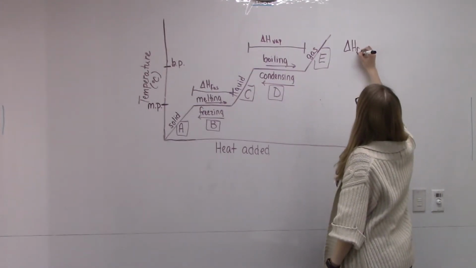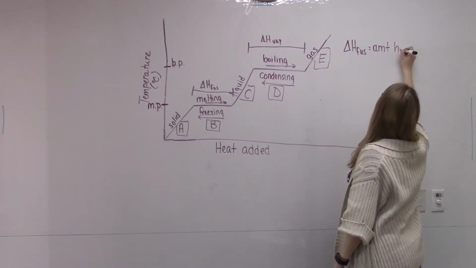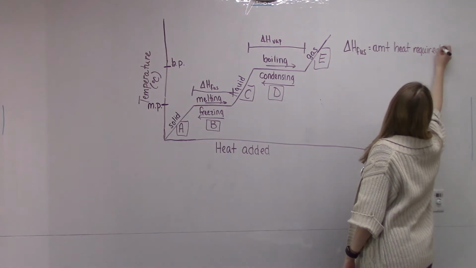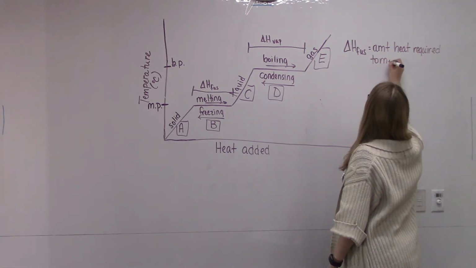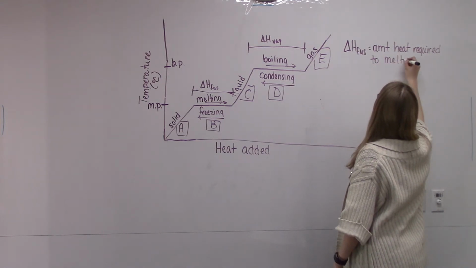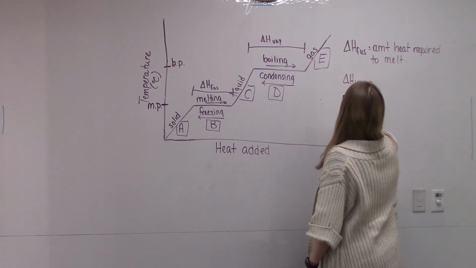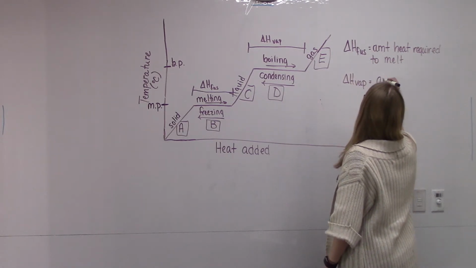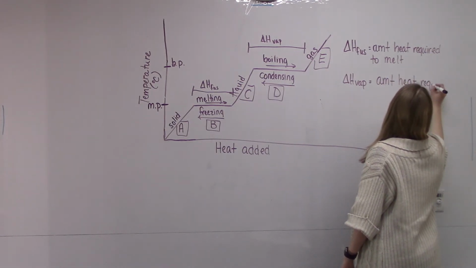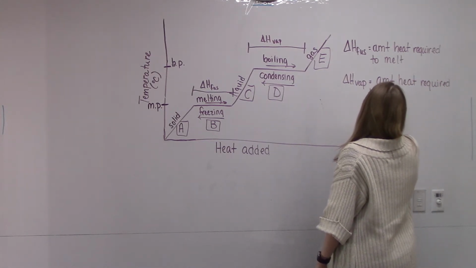Delta H of fusion is the amount of heat required to melt a substance. Whereas delta H of vaporization is the amount of heat required to boil something.